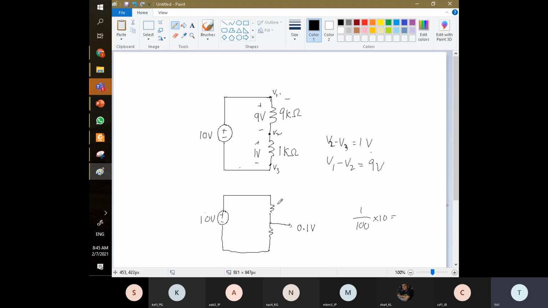So here we should use a 99K, and here just use 1K. So it's 1 over 100. After this, the voltage drop here is 9.9 volts, and then we have only 0.1 volt output from here. So here's ground. Between this node and this node, we have only 0.1 volt.